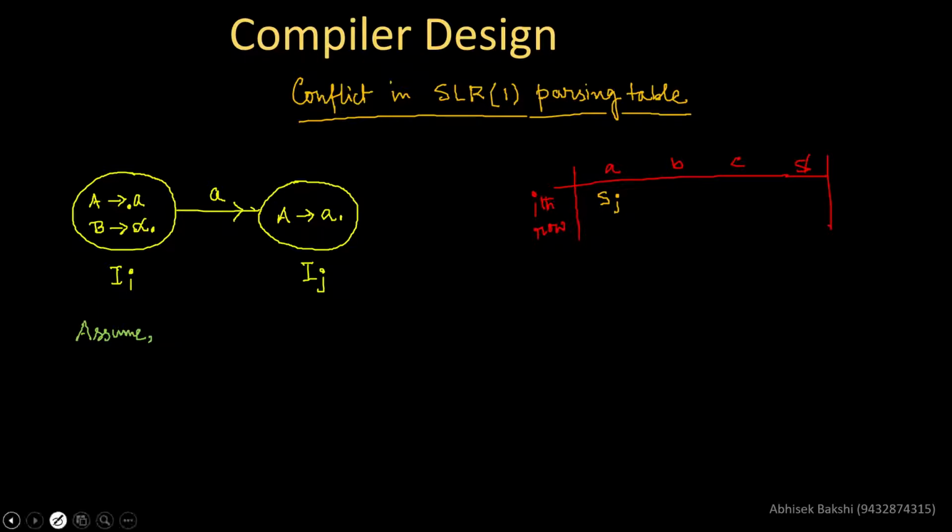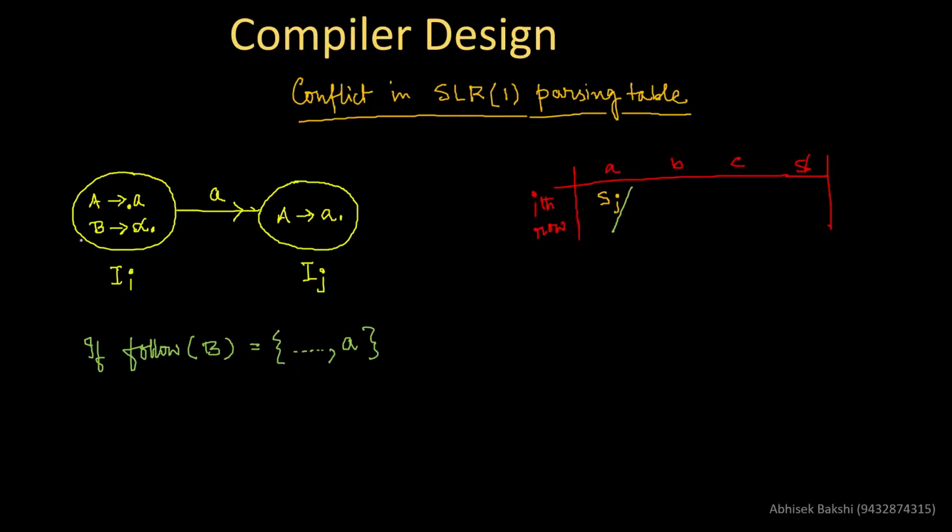I'm sorry, not assume: if follow of B contains some elements but also a, then only you will have this production rule.